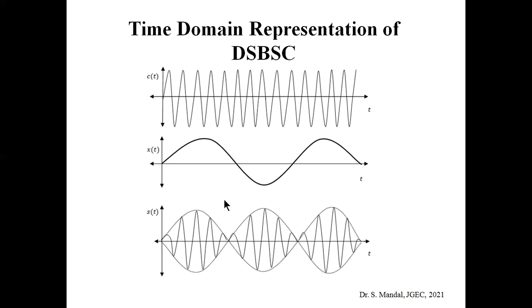Now here it is quite interesting to note that if you observe this crossing point, you can see that the carrier signal is not continuous in nature at this point. It is expected that it will be continuous like this, but here you can see that the phase of this signal has been changed.